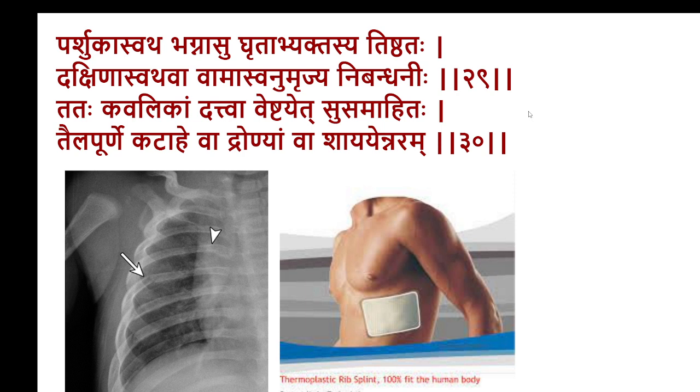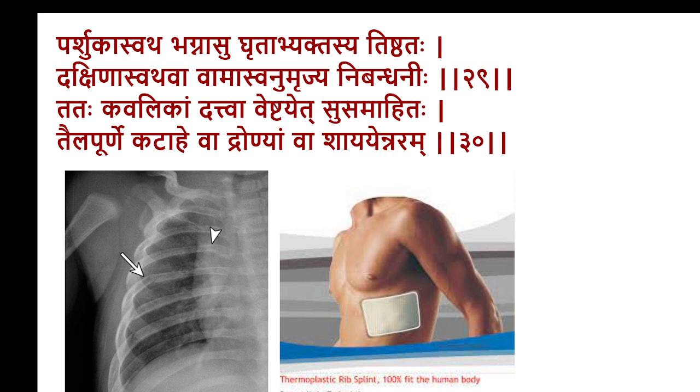Then, in case of the fractures of the ribs: Parshakasu Athabhagnasu, Ghasabyaktasthitishthadaha, Dakshinasu Athava Vamasu, Anurujya Nibandhanihi, Tatak Kabalikam Tatva, Vestayet Susamaidaha, Tailapurne Katahava, Dronyam Vashayet Naram. Now, in case of the fractures of the ribs, Sushruta again has two options.